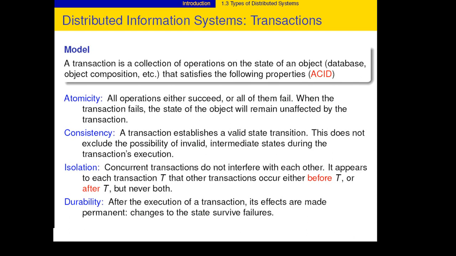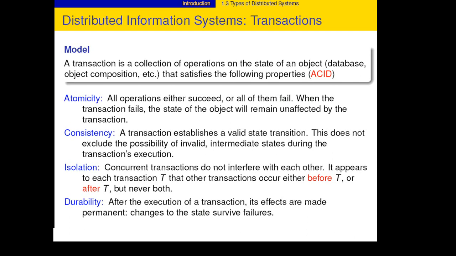For example, if a transaction runs on a table, the state of the table changes to a new state; the old state and the new state, both of them are valid. This does not exclude the possibility of invalid intermediate states during the transaction execution.